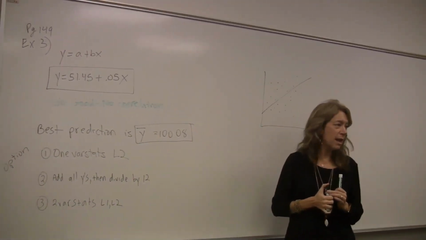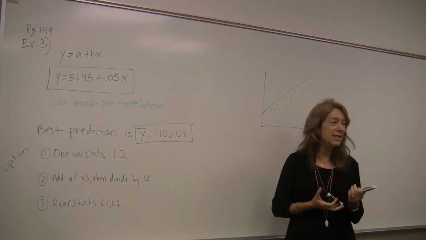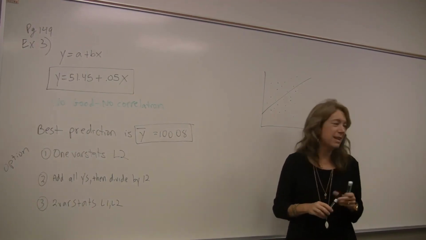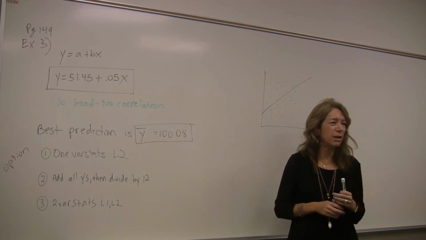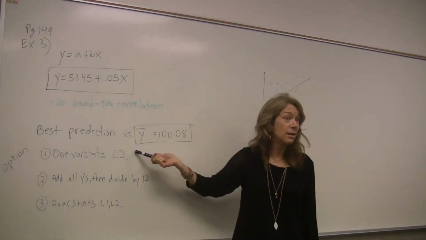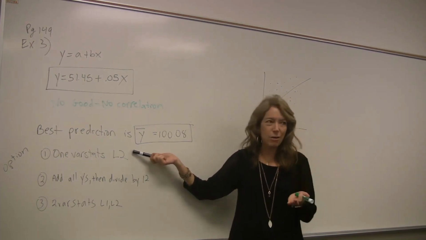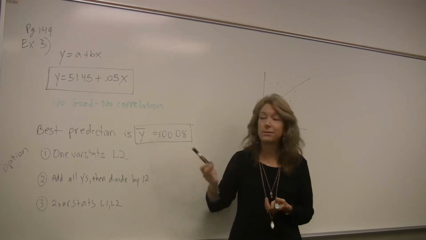Someone who's not getting that, I need to know so I can help you do it, whichever method you're doing. I just tend to do Kirsty's first idea, one-var stats with L2. It's the quickest, easiest, more familiar, something we've seen before. The tricky part about this is it calls it x bar. When you do one-var stats, it calls it x bar, but since you were looking at your y list, that's really your y bar.